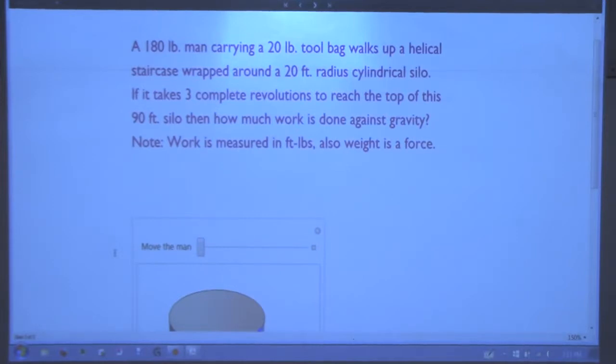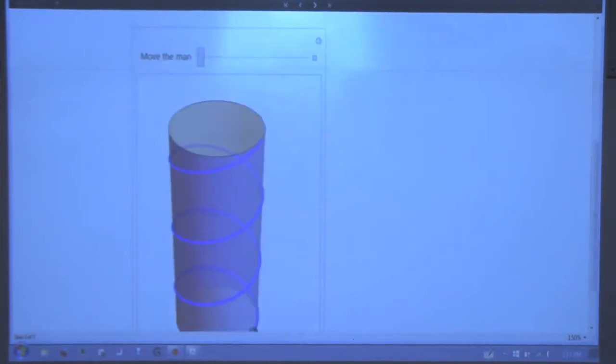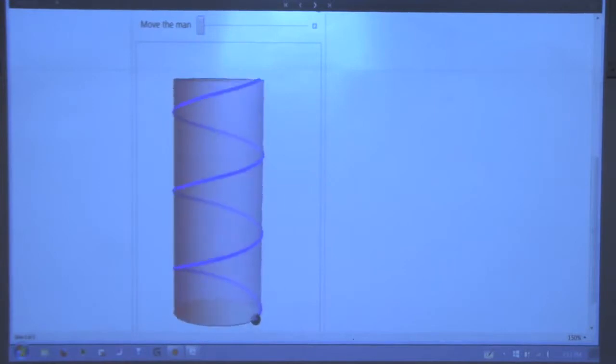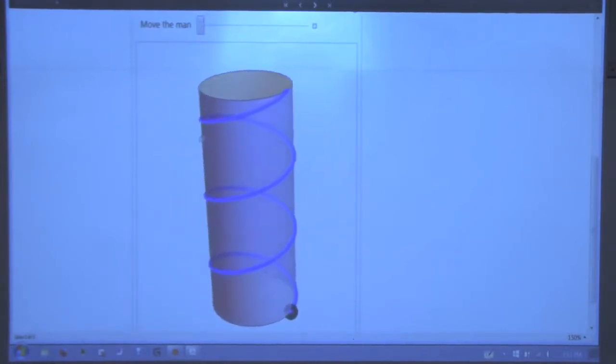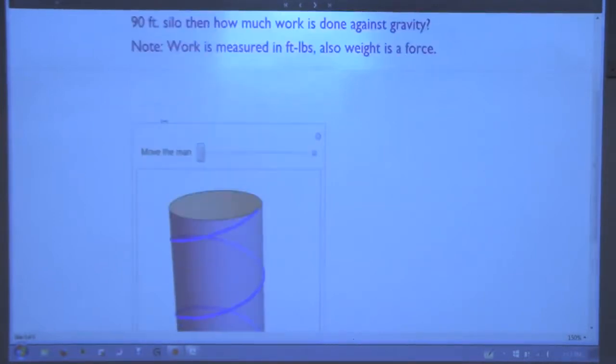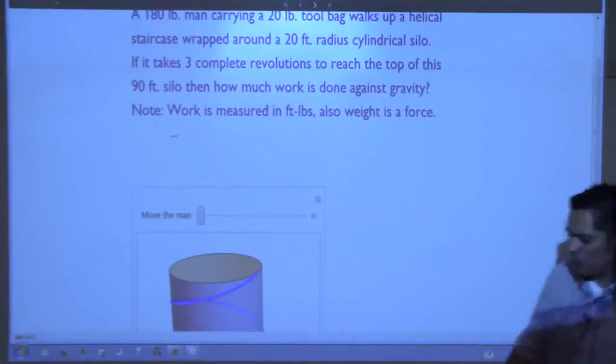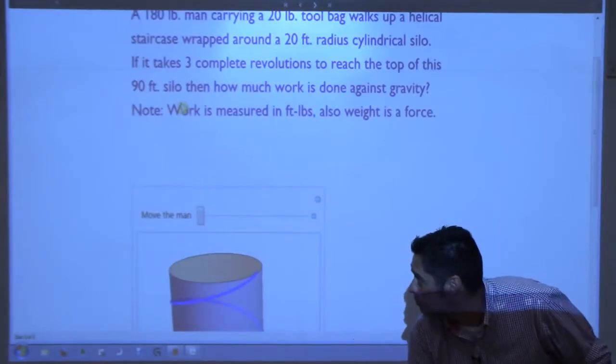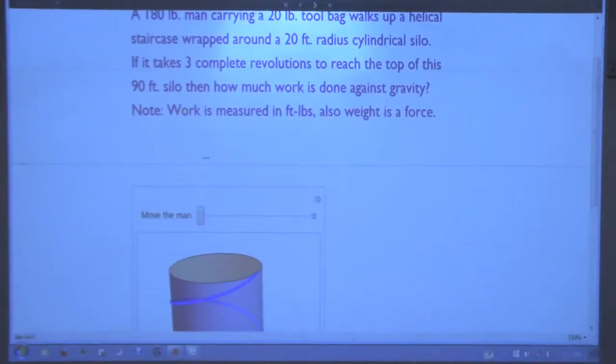All right. So here's the picture. Here's the silo. It's a 90-foot silo. It's got a 20-foot radius. And this man is going to walk around, go up with his bag all the way to the top. How much work did he do? If I know this is going to be a work problem, then what are the things I need?